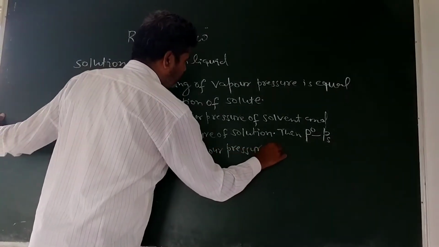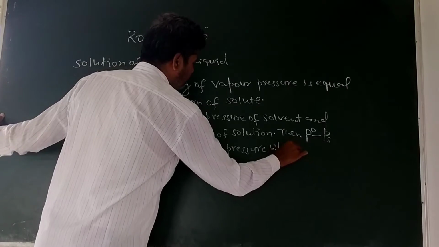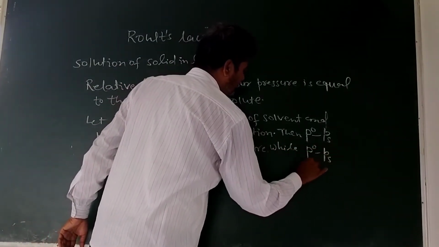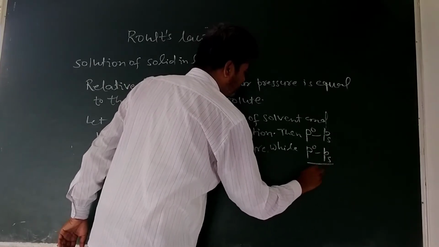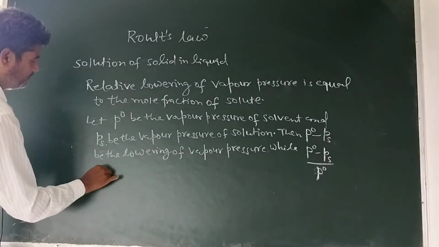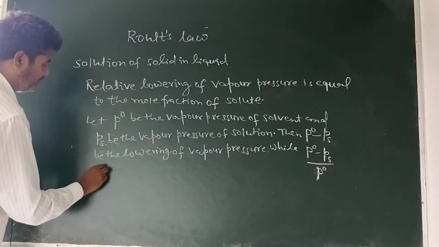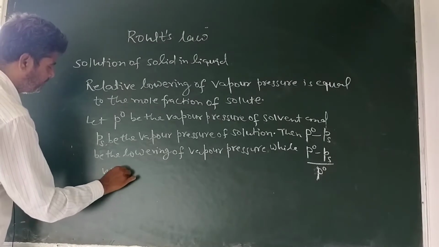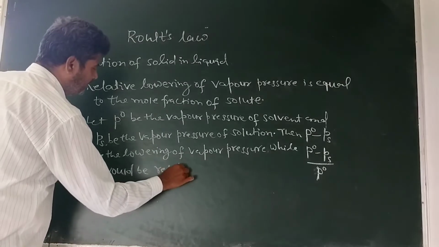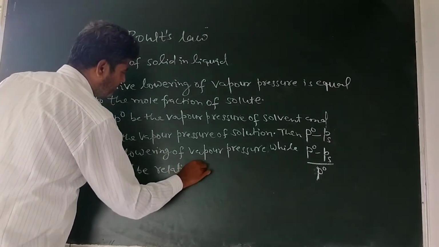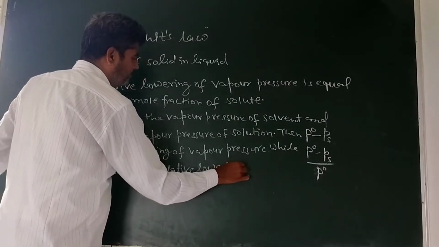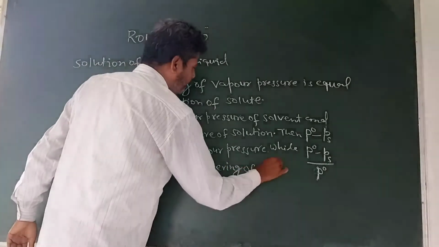While P naught minus Ps upon P naught would be the relative lowering of vapor pressure.